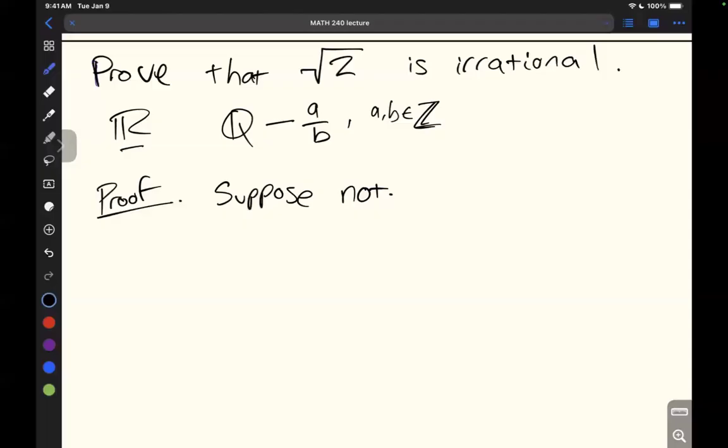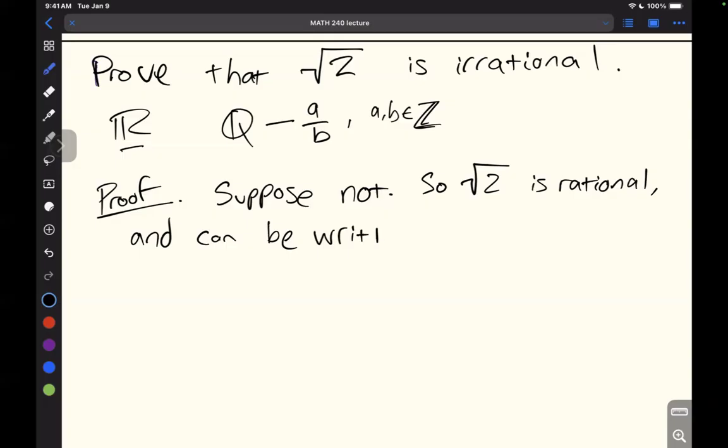And so therefore we say that square root of 2 must be rational, and we can write it in the form of a rational number.